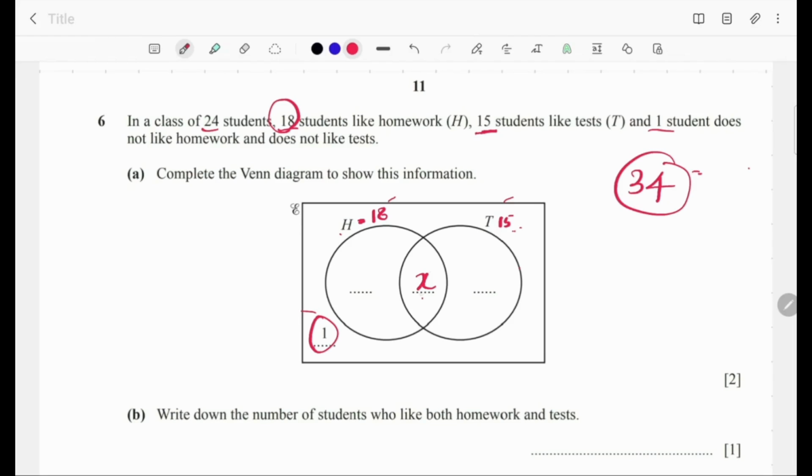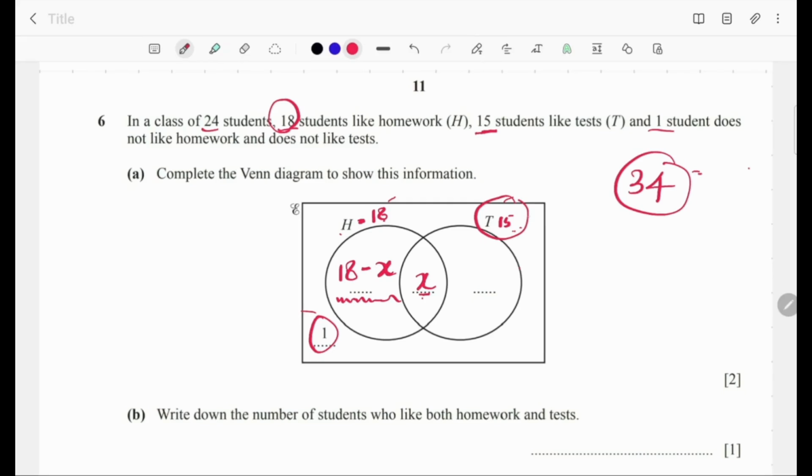So we are going to find x now. Okay, if this is x, what will be the number here? We know that it is 18, so it will be 18 minus x. Okay, 18 students like homework. Out of that, see, x number like both. So to avoid double counting, we have to deduct this x number from this place. Right, now we know that 15 like test.